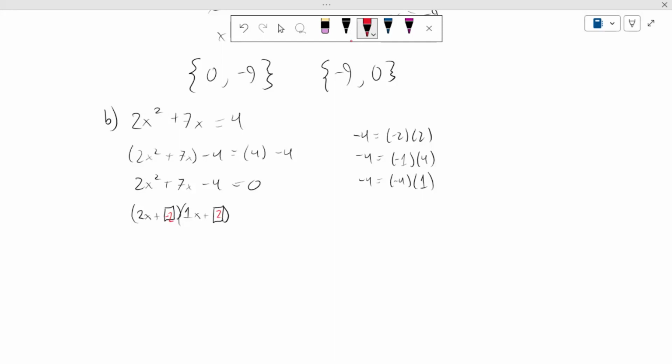We do have -2 times +2 is equal to -4. That's great, but what about this middle number? If I take 2x times my 2, I get 4x. If I take -2 times 1x, I get -2x. So if I add those together, I get a 2x, not a 7x. So that didn't work. That was not correct.